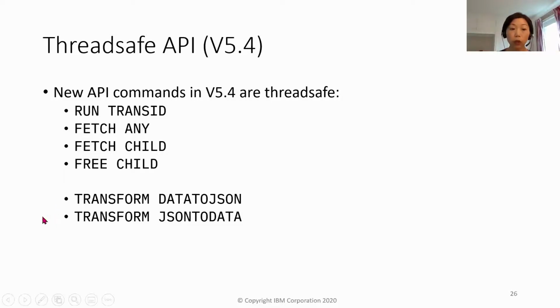We also have two other API commands, TRANSFORM DATA TO JSON and TRANSFORM JSON TO DATA. These are the equivalent of the data to XML transform, but to JSON. Those are also thread safe.